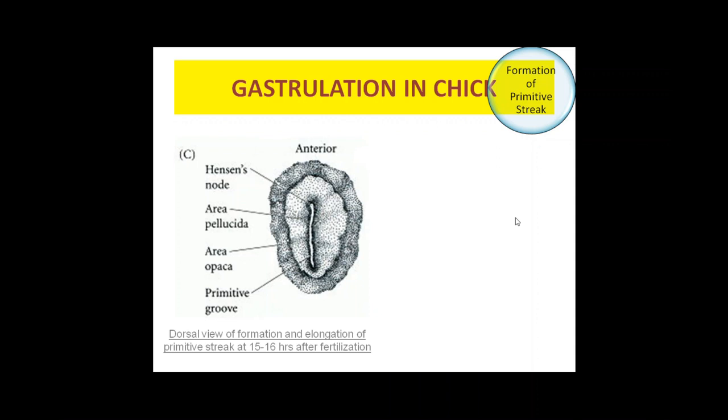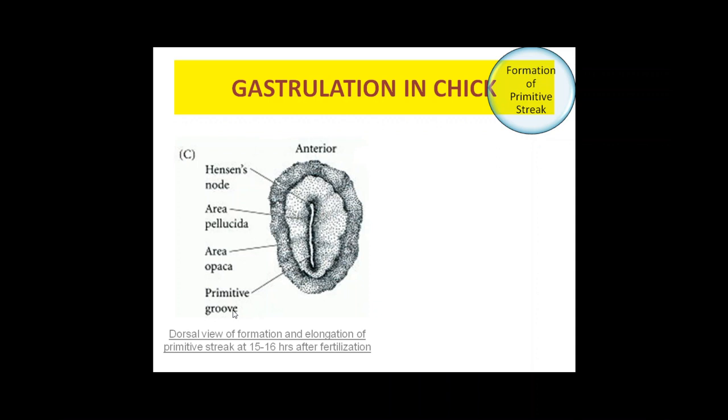As the cells converge to form primitive streak, a depression forms within the streak. This depression is called primitive groove, and it serves as an opening through which migrating cells pass into the blastocele. Thus, the primitive groove is homologous to the amphibian blastopore.